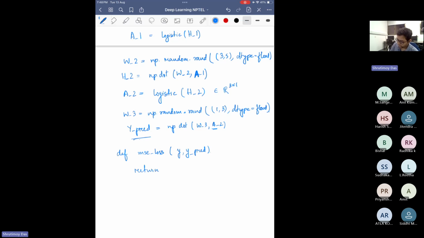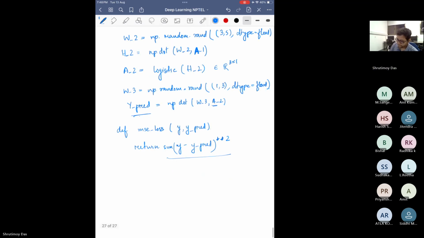My loss is (y minus y pred) squared, and you do a sum of it. So this is the MSE loss. Now I'll create a variable called loss by calling this function MSE loss with y and y pred. Now we computed the loss.